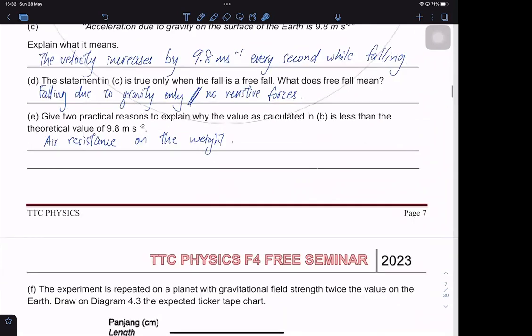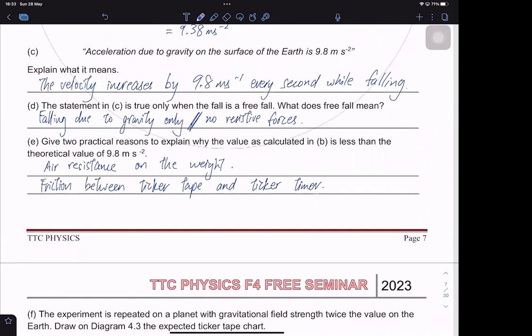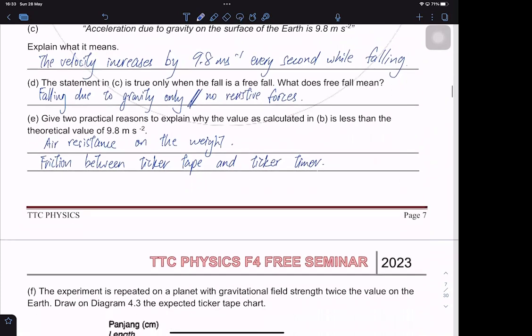So you can say friction between ticker tape and ticker timer. Okay, friction between ticker tape and ticker timer.